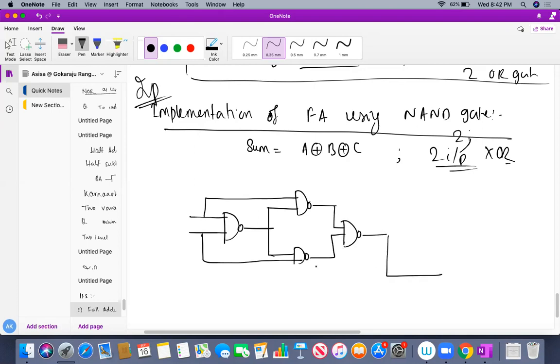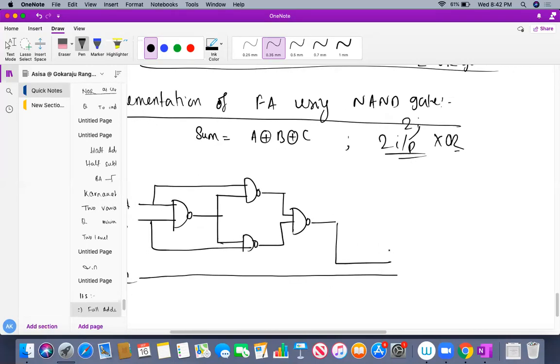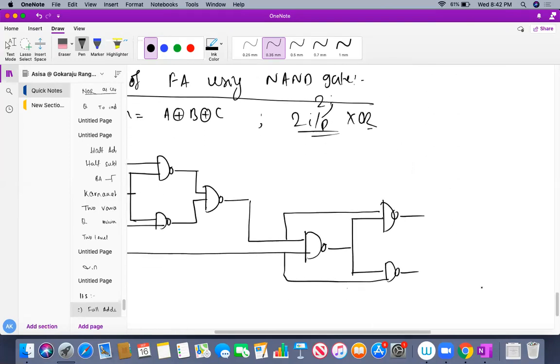Whatever output I got, I take as one input, and another input is C, and I design it again the same way, and the output goes to another NAND gate.